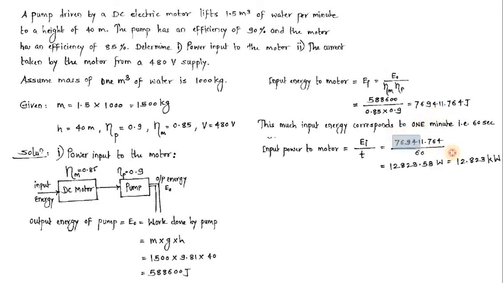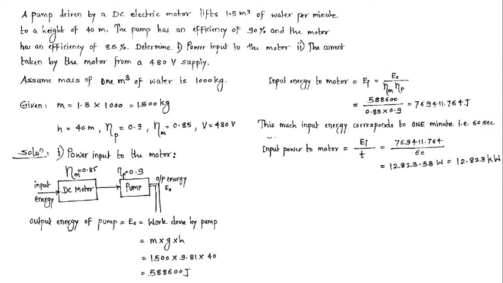So what I did is input energy divided by the time. The process is happening for a minute and hence 60 seconds. So I get 12.823 kilowatt as the input power, in the form of electrical power, that is required to run the motor.